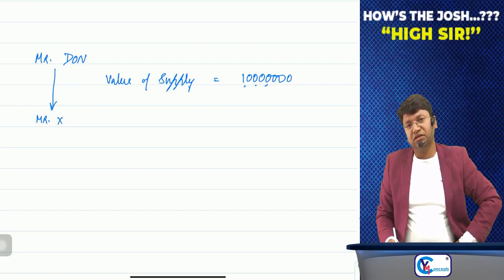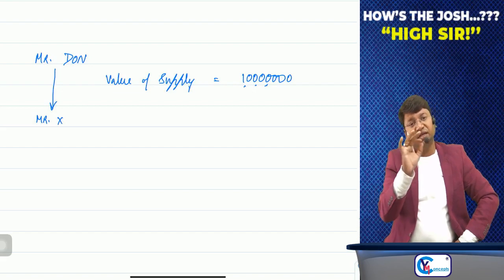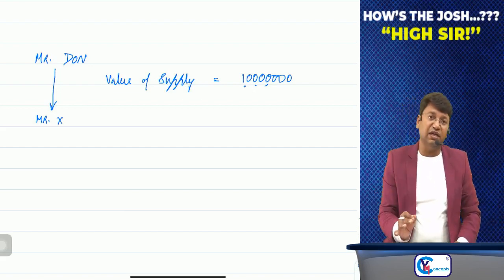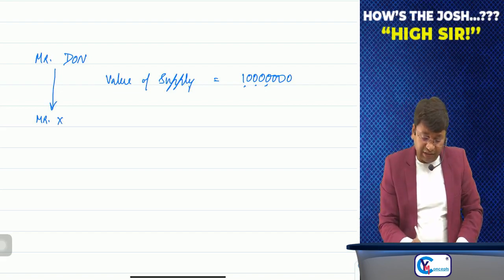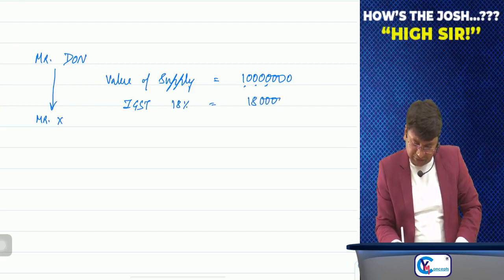On which, sir, on import of services, just for knowledge, it is called interstate supply as per the definitions given in IGST, and sir, on it IGST is levied. Suppose IGST is charged at the rate of 18%, which comes to 18 lakh rupees. Suppose total amount comes to 1 crore 18 lakh.